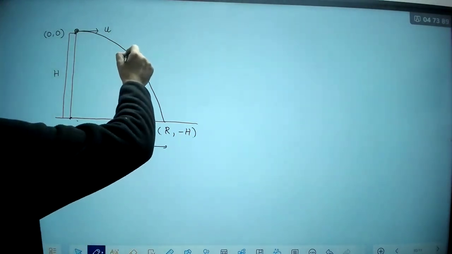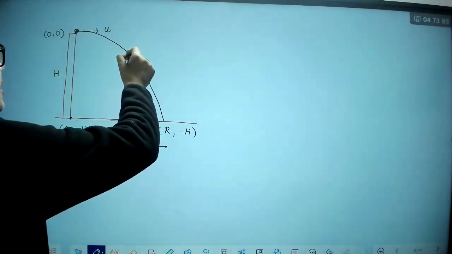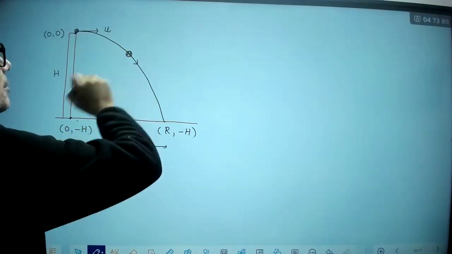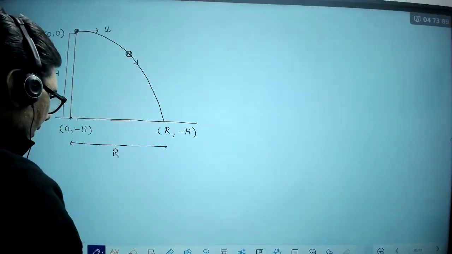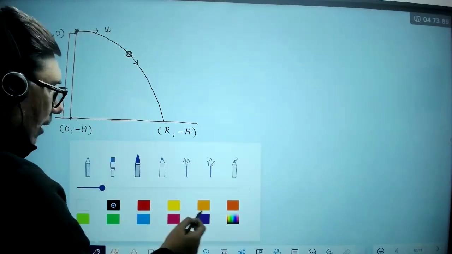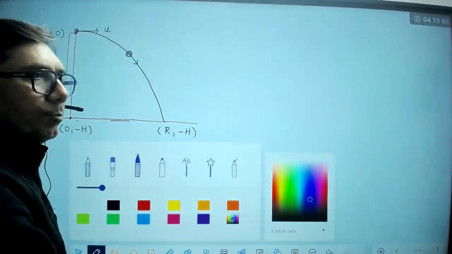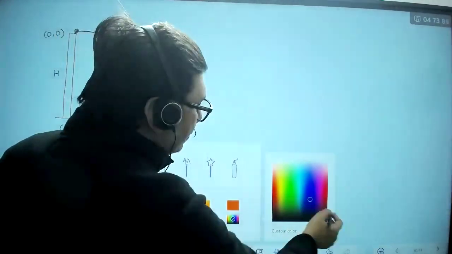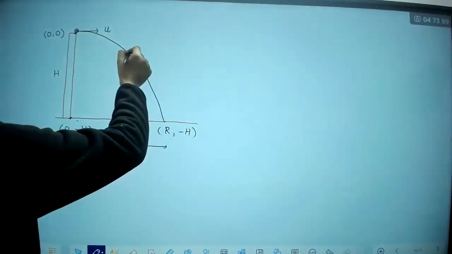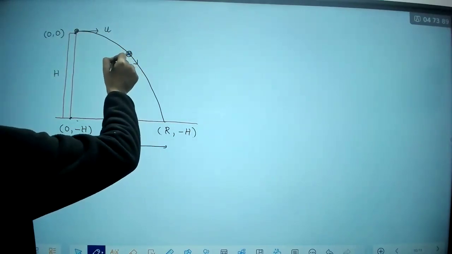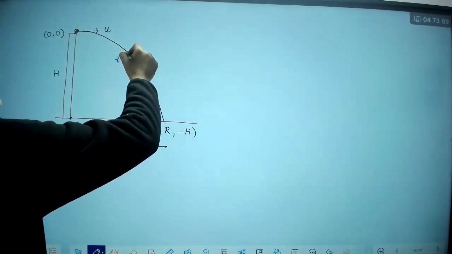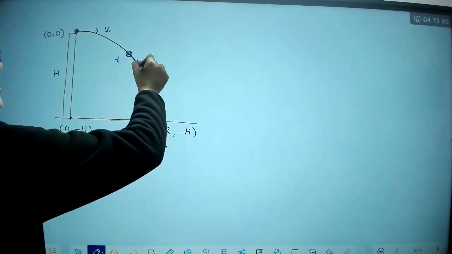You want to write, suppose your particle is here, its velocity components as well as x and y components. So at time t, my particle is here. It will have some velocity like this.